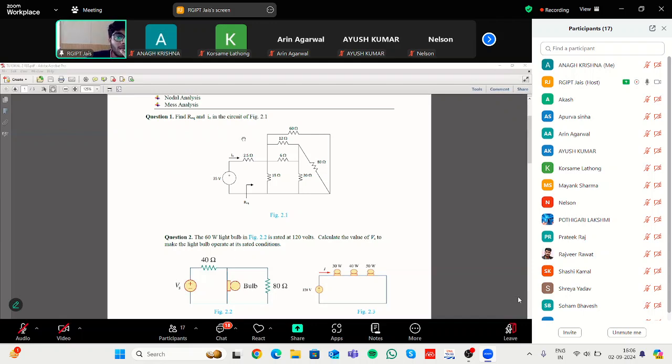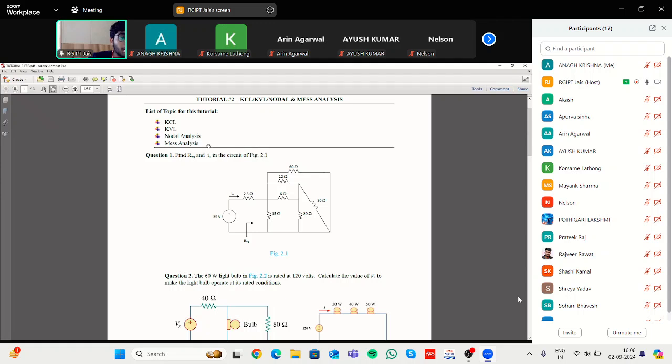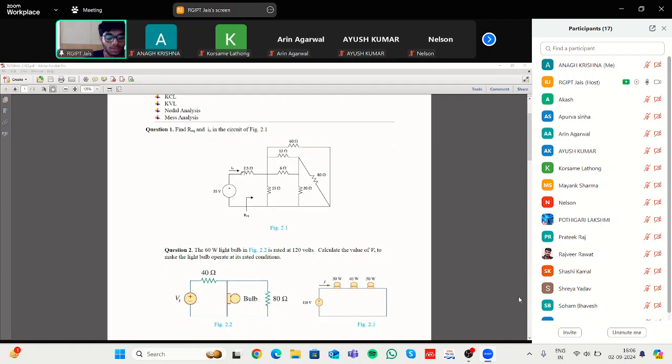What was the last topic covered in the class? Superposition theorem. Okay. So I think mesh analysis is also covered, so we can proceed with this tutorial sheet.